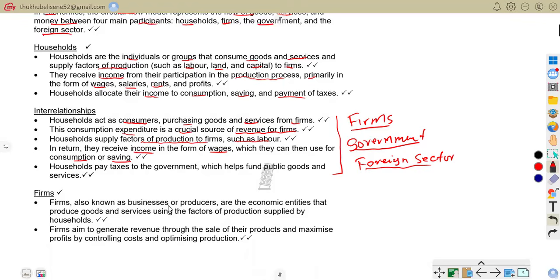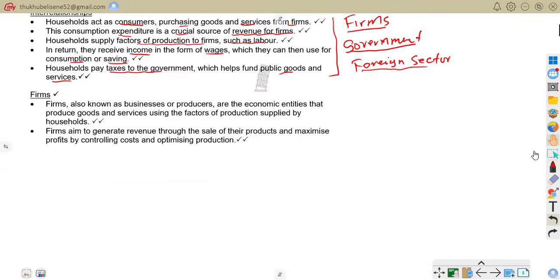Also, households pay tax to the government, which helps fund public goods and services that they receive from the government. I hope it is now very clear. As we've said, the interrelationships can be to firms, government, as well as the foreign sector. So now let us come to the firms.